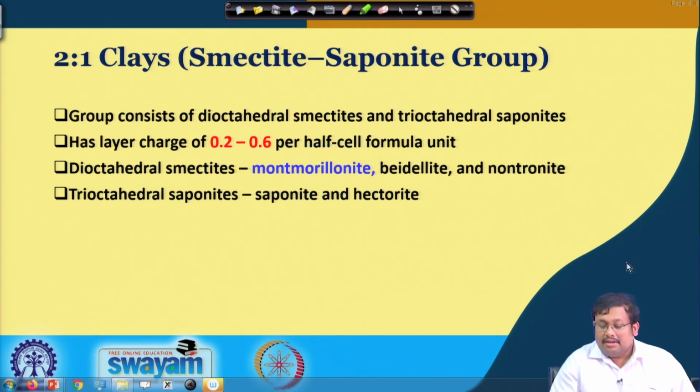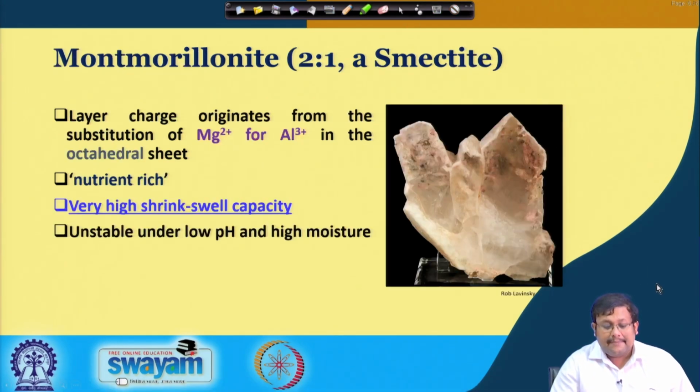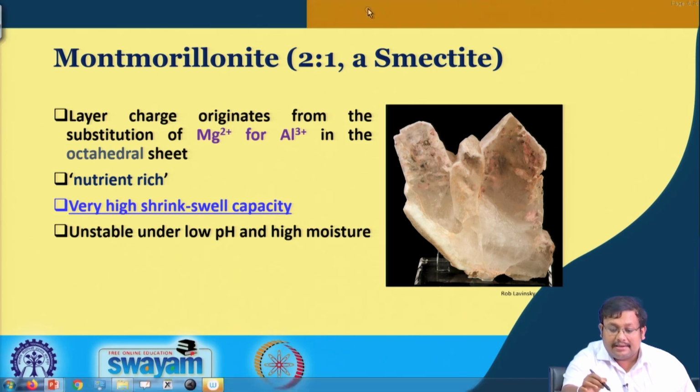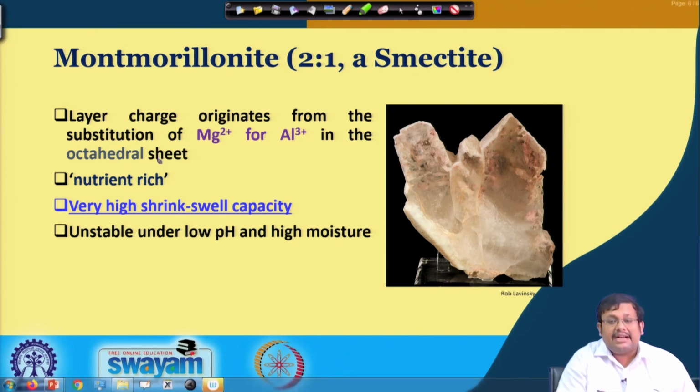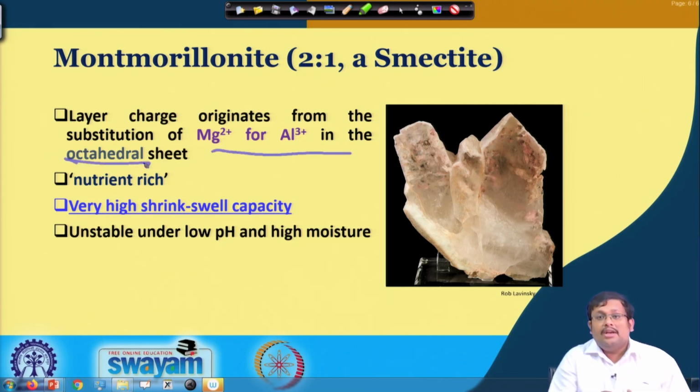So, if we move ahead and see in detail about montmorillonite, the layer charge in case of montmorillonite originates from the substitution of magnesium for aluminum in the octahedral sheet. So, here the isomorphous substitution mainly goes on in the octahedral sheet.